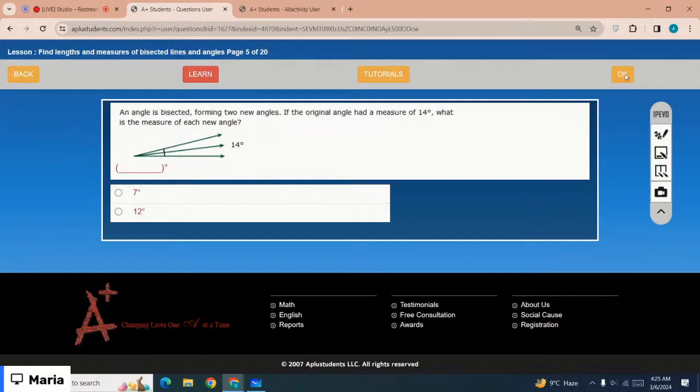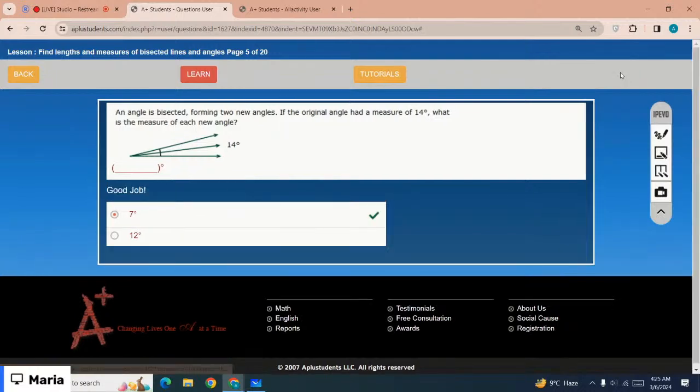Yes, that is 7 degrees. You have to divide the angle into two parts, 14 divided by 2 is 7 degrees. The correct option is 7 degrees.